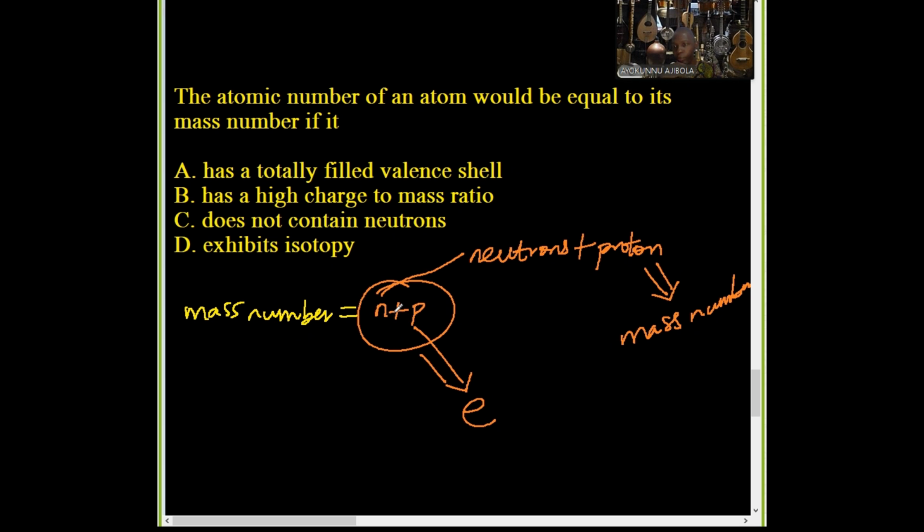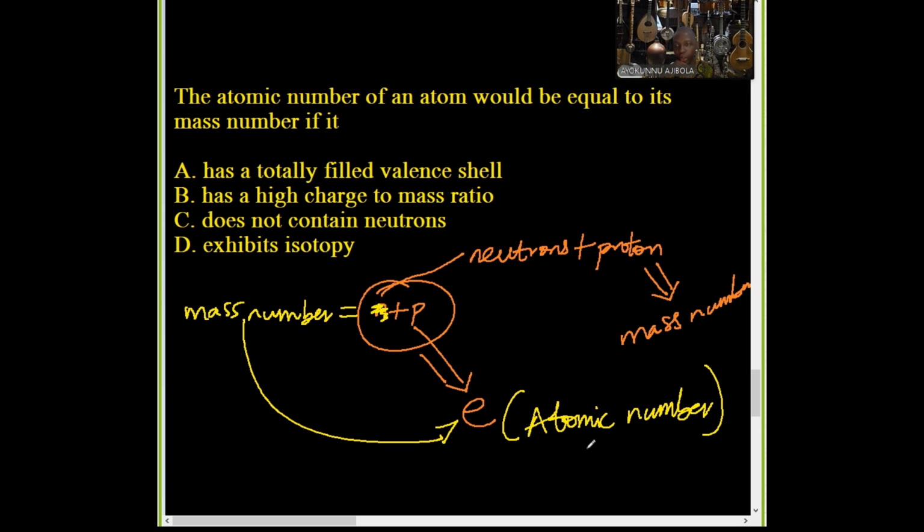So if there is no neutron, if neutron does not exist, then mass number equals the atomic number. Okay? So which of the options is correct?